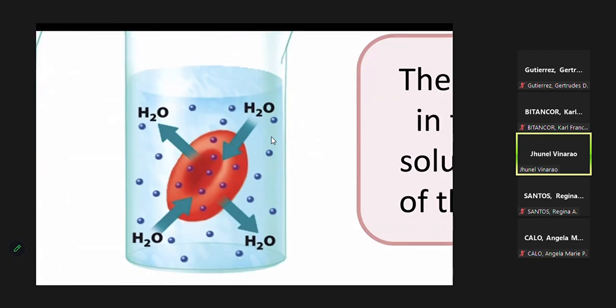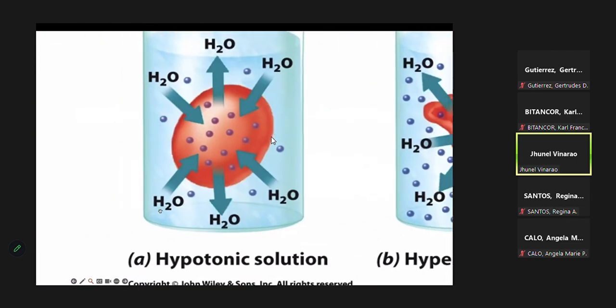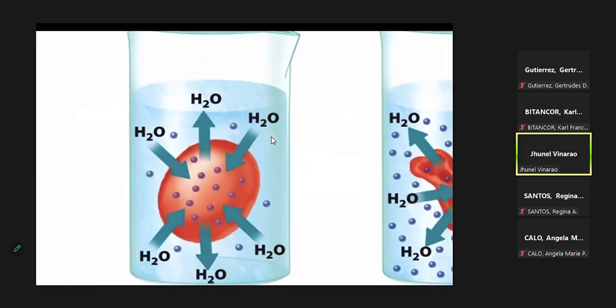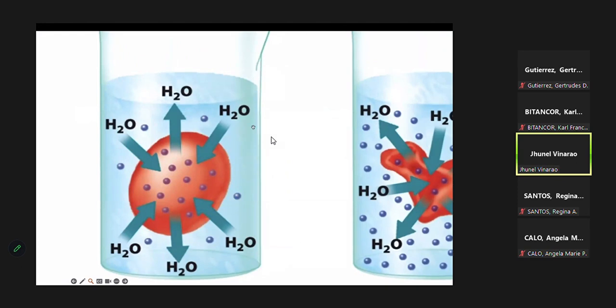So for animals, isotonic solution is more favorable. But plants don't want this. What they want is a hypotonic solution. Plants need less solute outside, which is why you just water them.